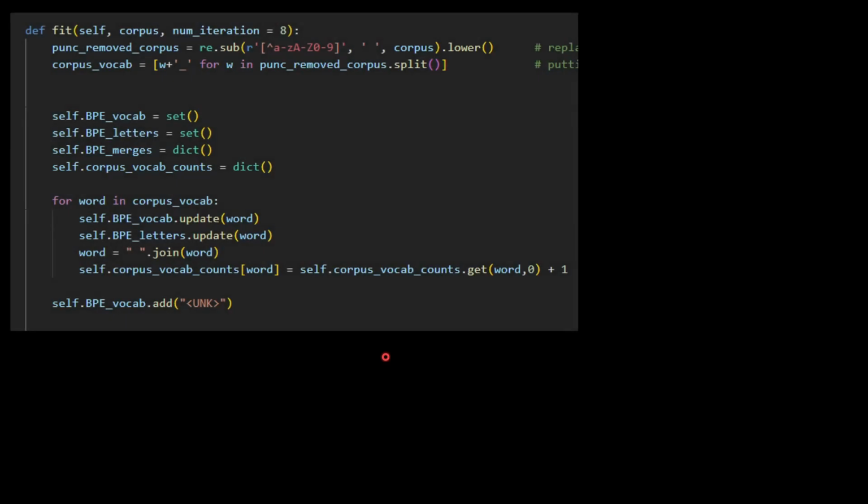This is part 1 of the fit method, and we will use the same corpus that we used in the theory part as well, the simple crazy corpus. The very first thing that we are going to do is normalization.